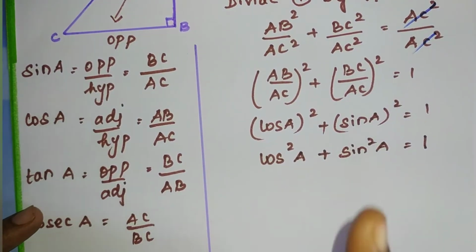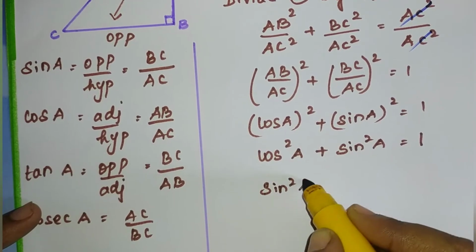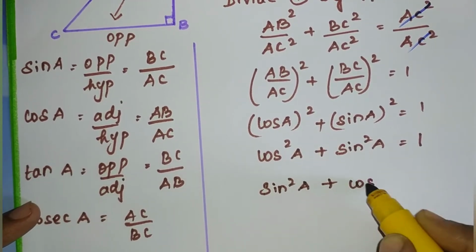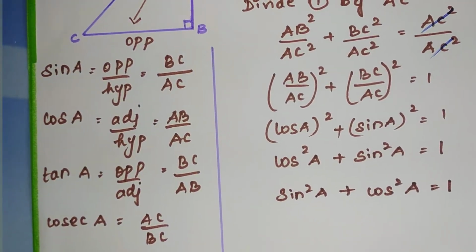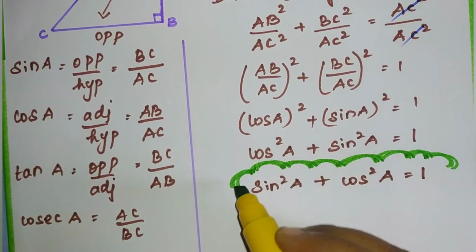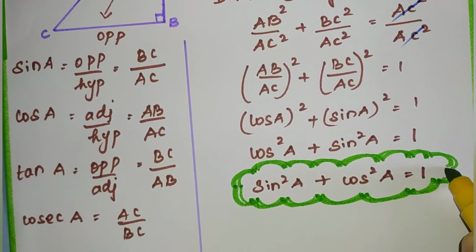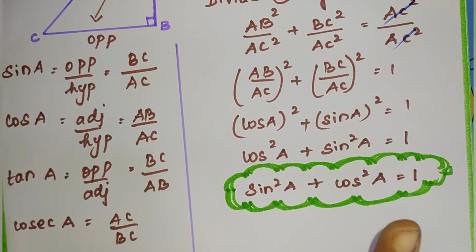So the first trigonometric identity is sin square A plus cos square A is equal to 1. Keep it in mind.